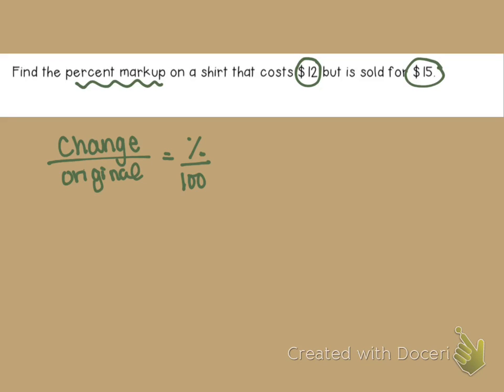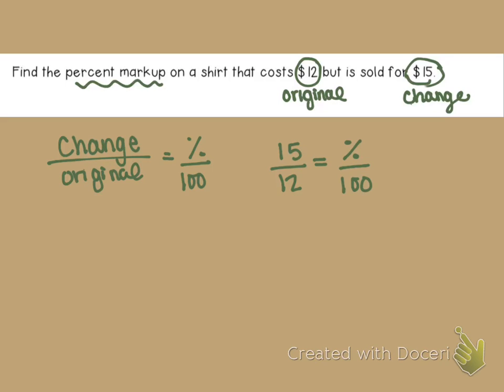Okay, so if it's a percent markup and the shirt costs $12, this is its original price and this is its change price. So it originally cost $12, but they marked it up to $15. Go ahead and press pause and set up your proportion. And if you're confident to solve, go ahead and solve it and then press play when you have finished.